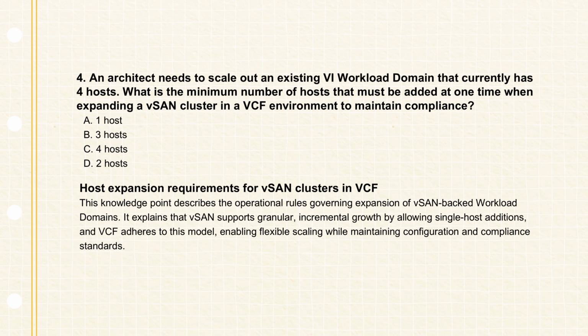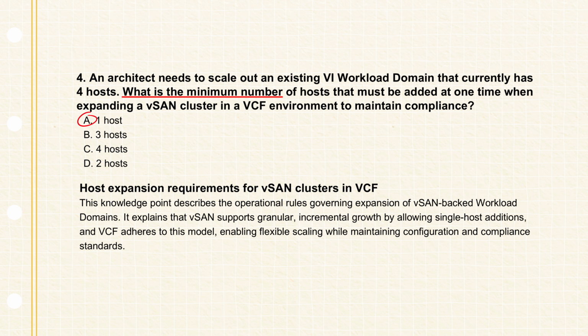Now let's flip that back to constraint. When we're using vSAN in a workload domain and we need to scale up, what's the minimum expansion unit? Right. In the past, adding capacity meant adding racks of 3 or 4 hosts just to maintain redundancy. Yeah, that was painful. But the constraint here is much more operationally friendly. When you're scaling out an existing vSAN cluster in VCF, the minimum number of hosts you have to add is just one.